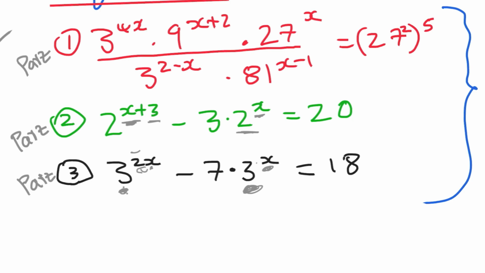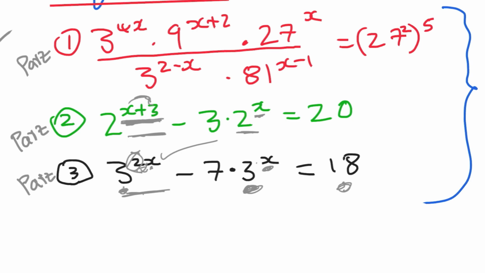Sometimes there will be another term, sometimes there won't, but then there will be another term which is just a constant on the other side of the equal sign, or sometimes it's not going to be on the other side of the equal sign. But just know that what differentiates this from this is that this one has a coefficient, this one does not have a coefficient, it is just added.